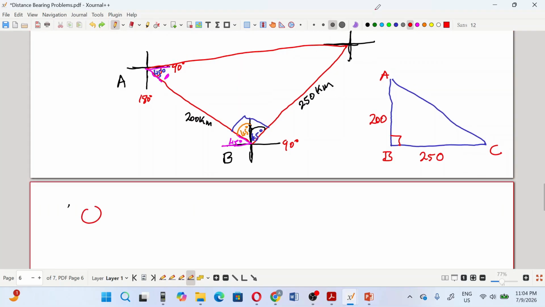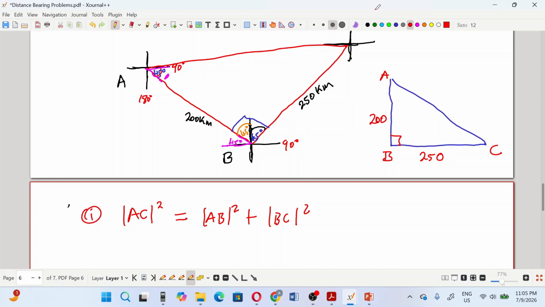So with I, we can say the magnitude of AC squared is going to be equal to AB squared plus BC squared, right? If you remember this, hypotenuse square equals opposite square plus adjacent square. That's just the idea we are using here, right?